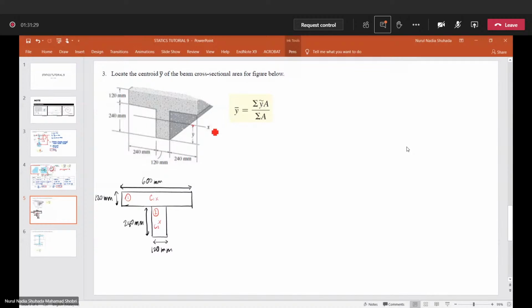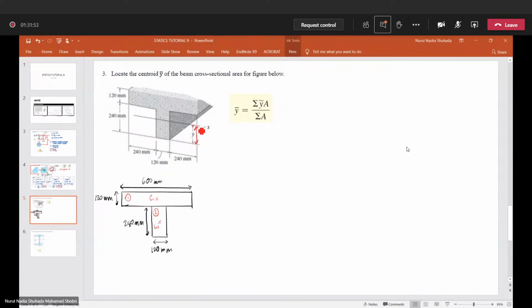In question number 1 just now, it gave us an indicator that we have to measure from the top, but here we have to measure from the bottom. This is one big difference between question 1 and question 3.